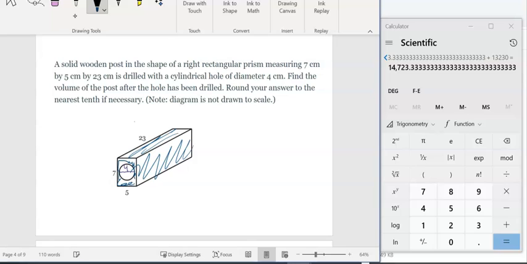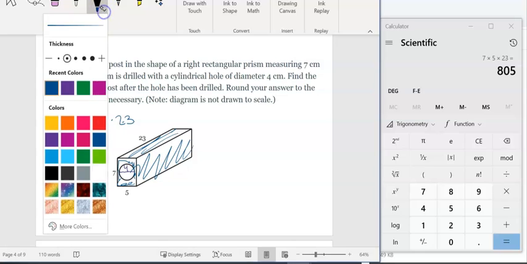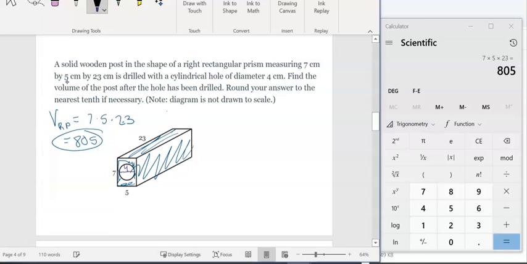I'm going to do that in blue. So the volume of the rectangular prism is going to be 7 times 5 times 23. Okay, save that for later. Then we also need to know the volume of the hole in the middle. So the volume of the cylinder is the area of the base times the height.